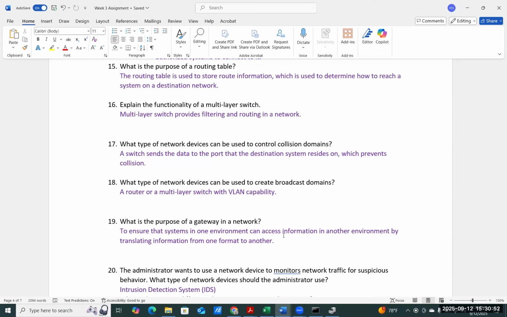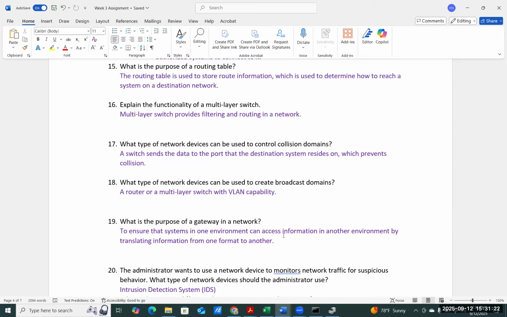The purpose of a gateway is to ensure the network environment can be accessed from another environment by translating information from one format to another. Remember that one network is different than the next. The gateway's job is to make sure that the information is understood from one network to the next.